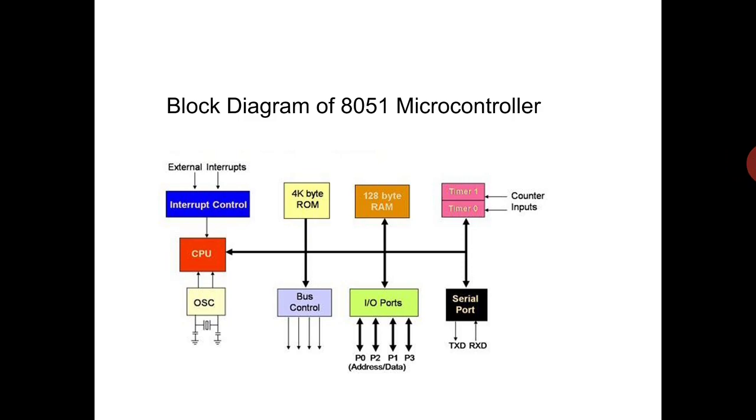The hardware inside these ports converts parallel data from the CPU to serial data for serial transmission to outside, and also converts incoming serial data to parallel before sending it to the CPU.